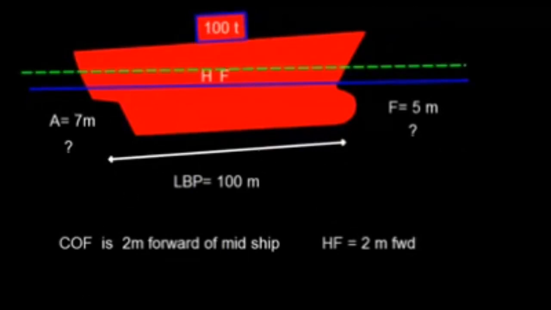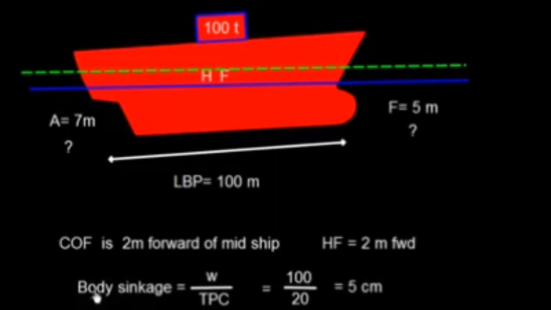Now let us find out what the sinkage is. We have taken the TPC as 20 ton per centimeter. So we have W is 100 and the TPC is 20. After dividing, I get 100 divided by 20, which is 5 centimeter. So we have body sinkage of 5 centimeter.